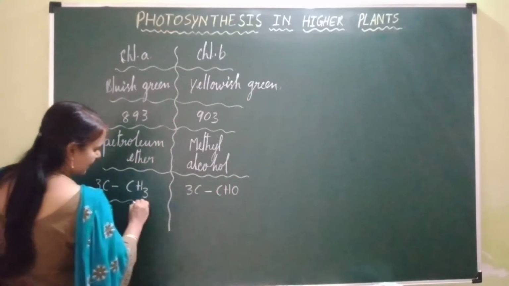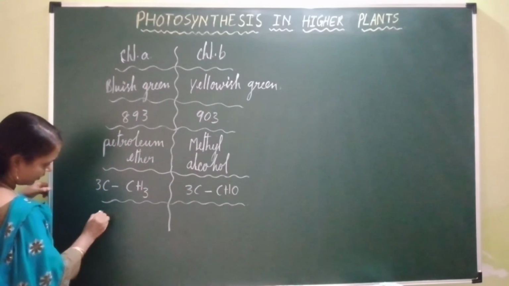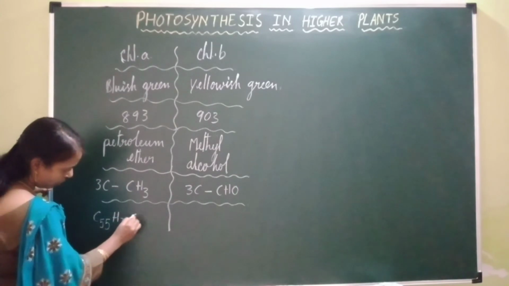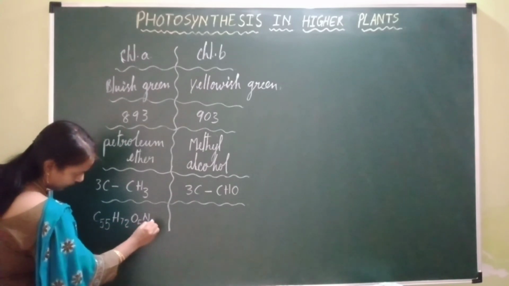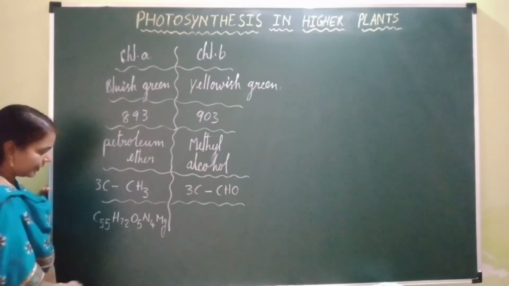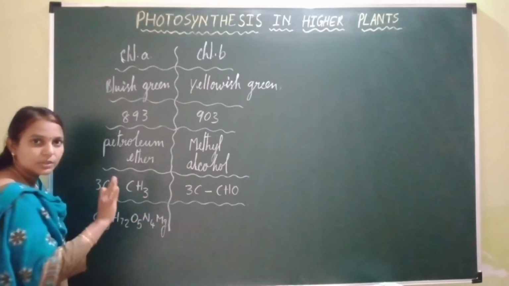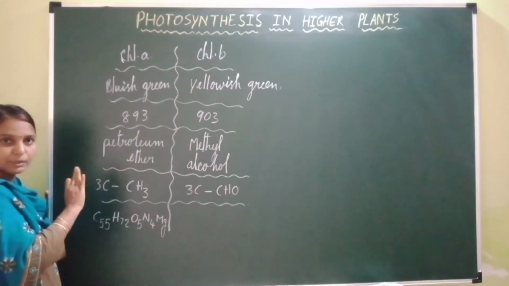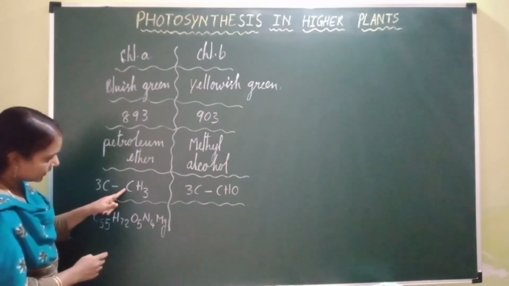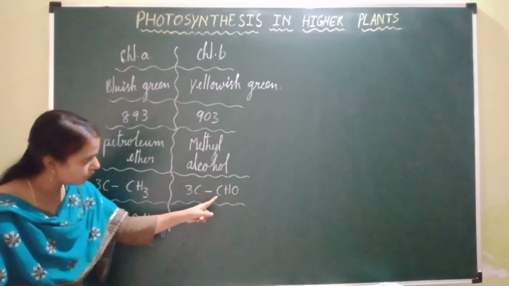So now let's write the molecular formula of chlorophyll A and B. We know the molecular formula of chlorophyll A, that is C55H72O5N4Mg. Now let's write the molecular formula of chlorophyll B based on this difference. Except for this third carbon, the entire structure of chlorophyll B is similar to that of chlorophyll A. So the number of carbons present at the third position of both chlorophyll A and chlorophyll B is the same.